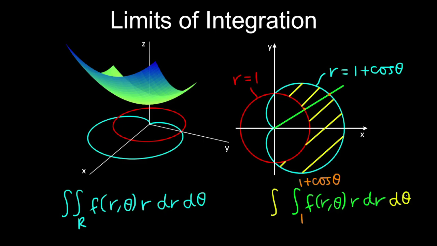So the theta limits of integration are the smallest and largest possible values that bound this region. So here we integrate from theta is minus pi on 2 to theta is equal to pi on 2. So that covers all the rays that enter and exit the region.